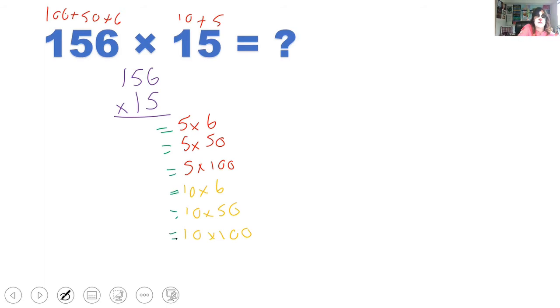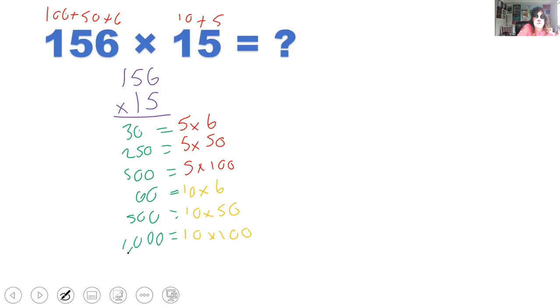So 5 times 6 is 30, 50 times 5 is 250, 5 times 100 is 500, 10 times 6 is 60, 10 times 50 is 500, 100 times 10 is 1,000.